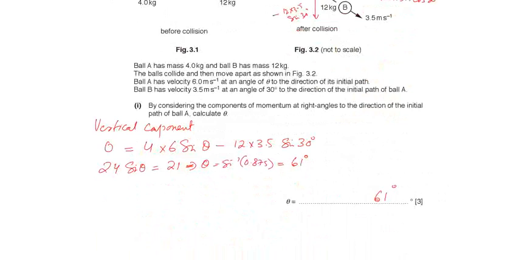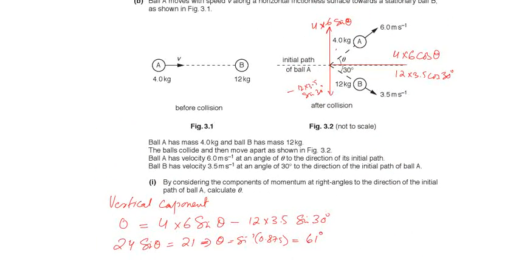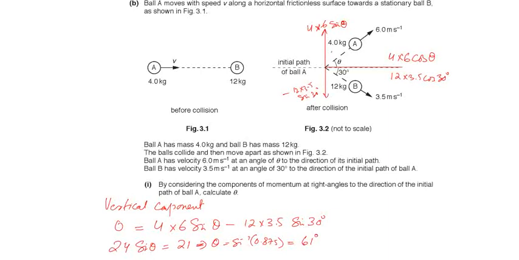By considering the components of momentum at right angles to the direction of the initial path of ball A, calculate theta. I have already resolved it, because before the collision momentum is in one direction, but after it is in two dimensions. So we resolve ball A and ball B into their horizontal and vertical components.